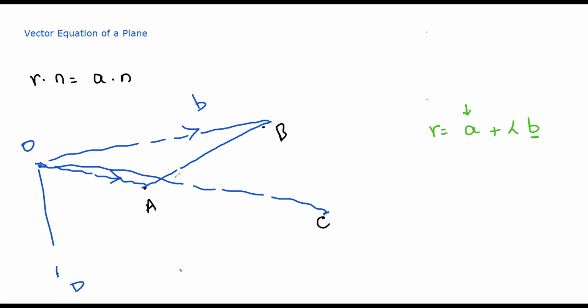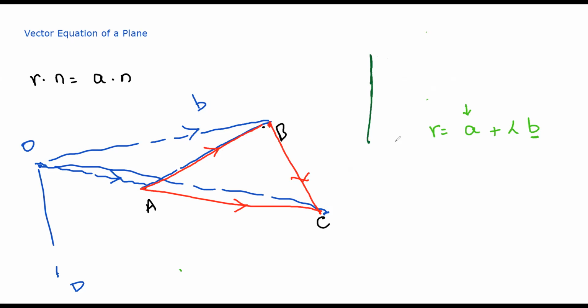ठीक है? अच्छा, अब बच्चों imagine करो कि here is this line on the plane, there's a line BC, there is a line AB, there is a line AC. If there is a normal to the plane like this, suppose there is a normal onto this plane.